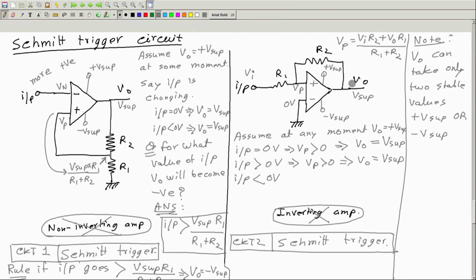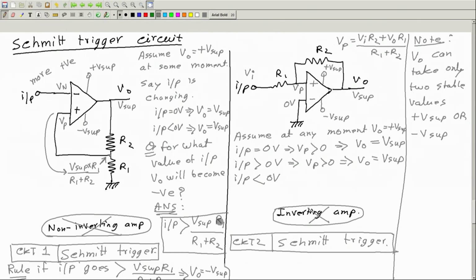So, output will remain positive. That means slight negative input will not change the output. So, I have to make input sufficiently negative, so that V P goes below V n, 0 volt, then only output will change.